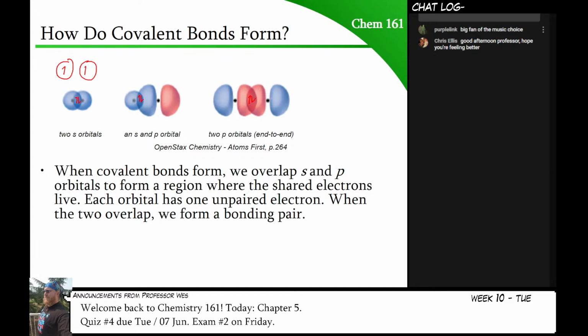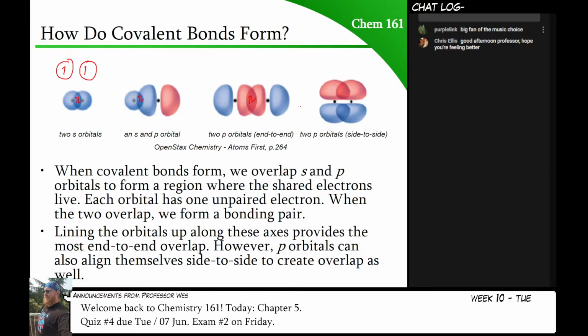If we get to MO theory, I'll talk a little bit about that later. Linear combination of atomic orbitals. Now, these are all the combinations where I line things up along an axis. And you can see the little dots in the middle. Those dots represent nuclei of atoms. Now, there's actually another arrangement where I could get overlap, and that overlap looks like this.